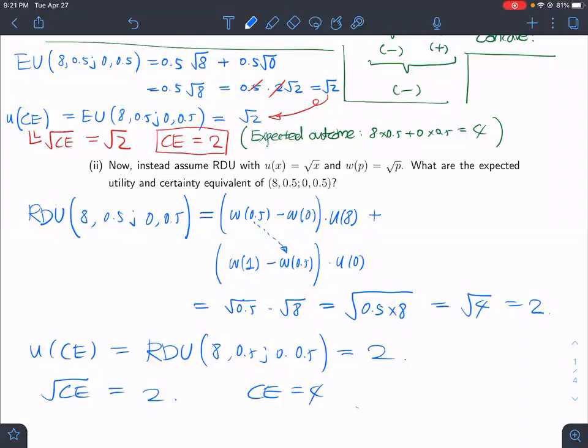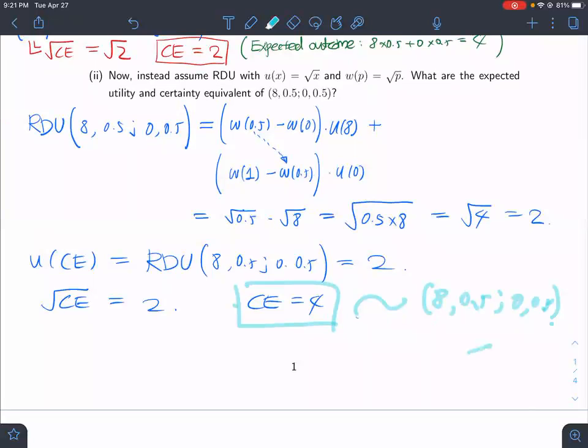Based on this weighting function W and this utility function, if I can get 4 for sure, I'm indifferent with this lottery, 8 with 0.5, 0 with 0.5. But the expected value of this lottery is 4, as we computed above. So this guy looks like a risk neutral person.